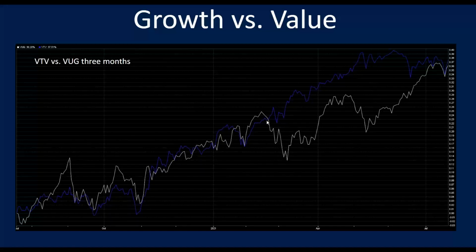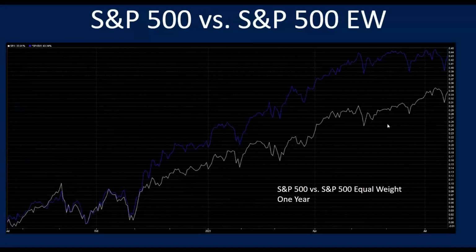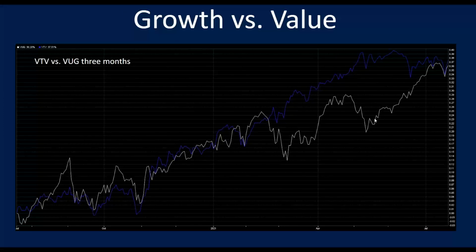Again, you can see that value outperformed for a while here, but growth has started to come back about the same time that the S&P 500 equal weight started to outperform. And some of this is rotation, and some of it has to do with outlooks for economic growth.